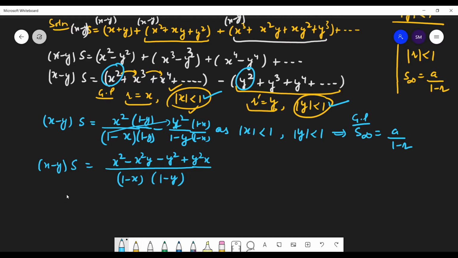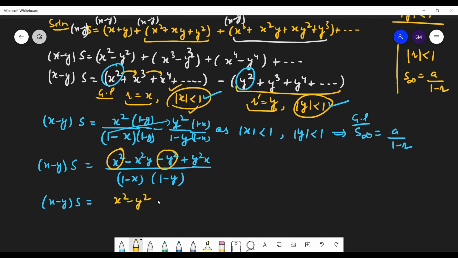Now you can factorize this. Might be x minus y will cancel out because you can see the options that you have. So you can clearly see that here you have x square minus y square. So write these terms together.